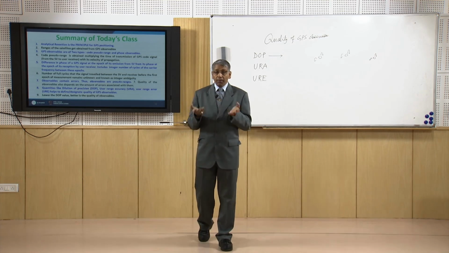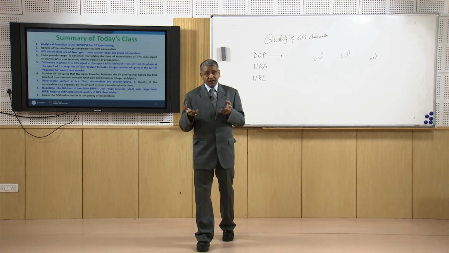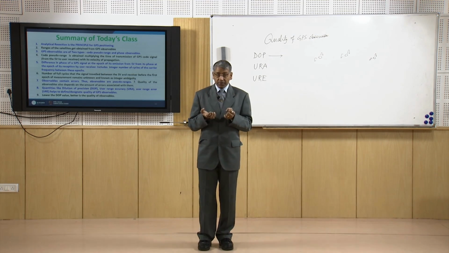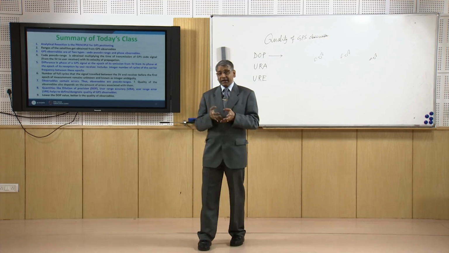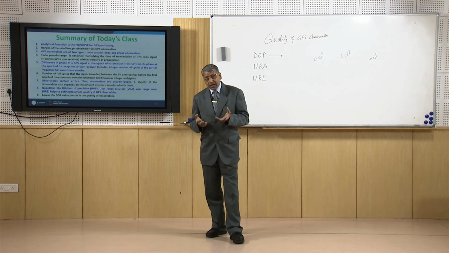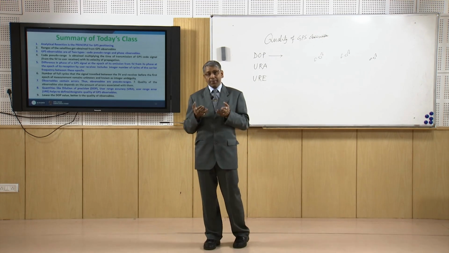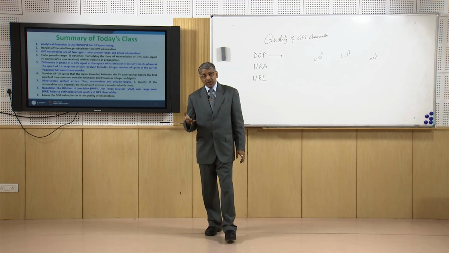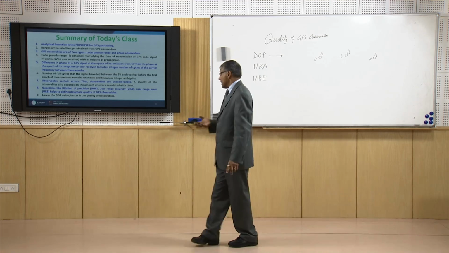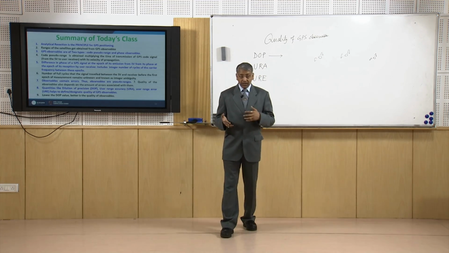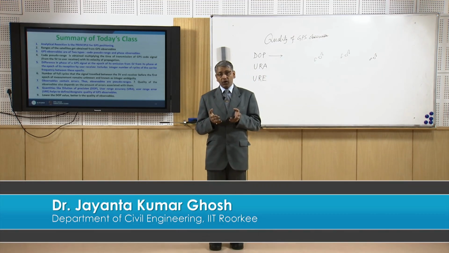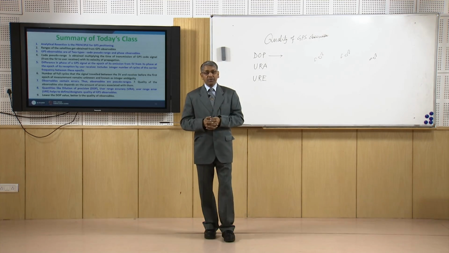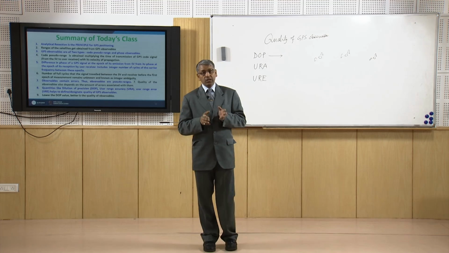The extent of error in the GPS observation can be indicated through some parameters like DOF value, URA (user range accuracy), and user range error. So during observation we should always try to find out the DOF value, and we should take the GPS observation when the DOF value is low.